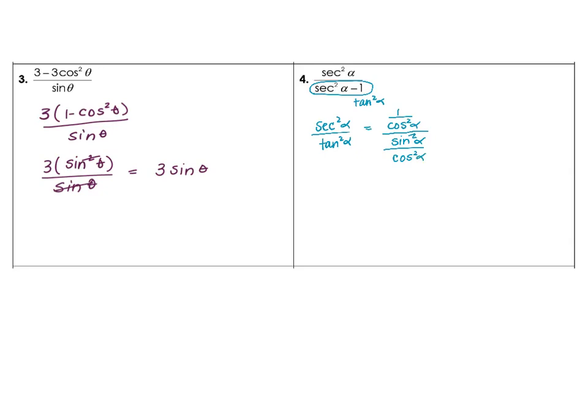And here we can rewrite those fractions. So we have our top fraction times the reciprocal of the denominator. And notice that your cosine alphas will cancel. And so we have 1 over sine squared, which is cosecant squared alpha.